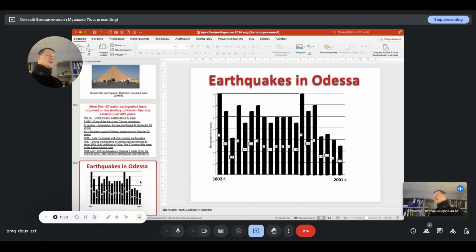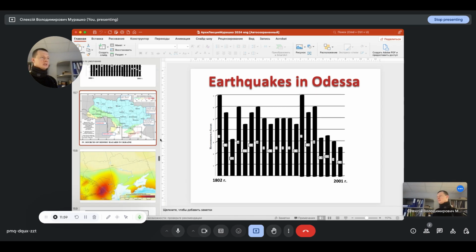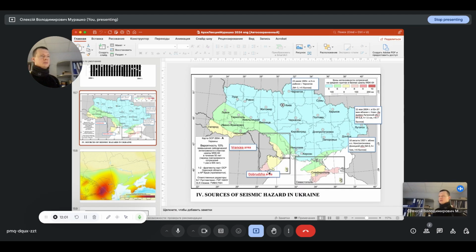Here are the earthquakes of Odessa. In Odessa, we had at minimum two strong earthquakes with intensity 7. And here is the map of seismic intensity, and here you can see that the most seismically dangerous areas are located in Crimea and in our Odessa region.